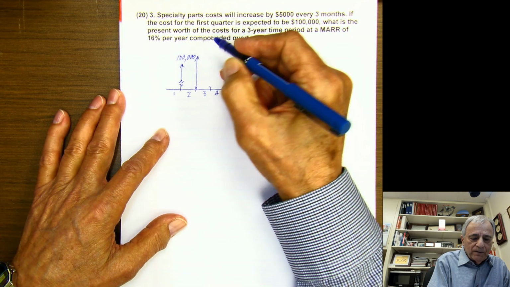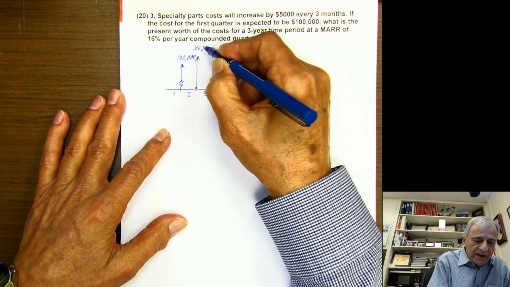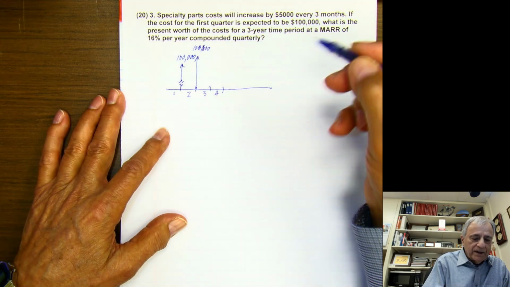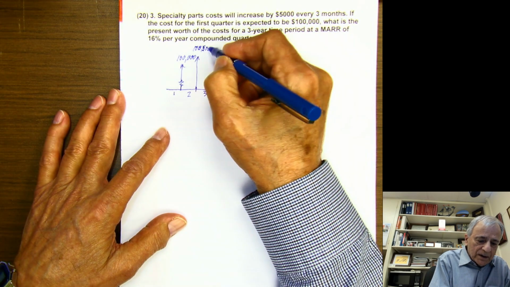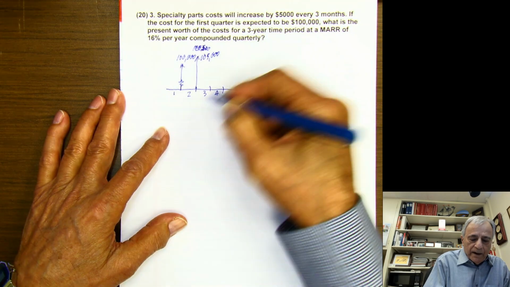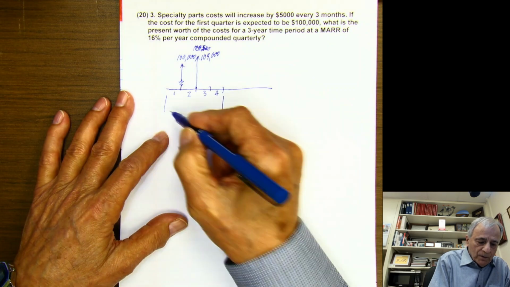So the next one will be $100,000, $105,000, and the next one 110, and so on and so forth. This is 105, and so forth.